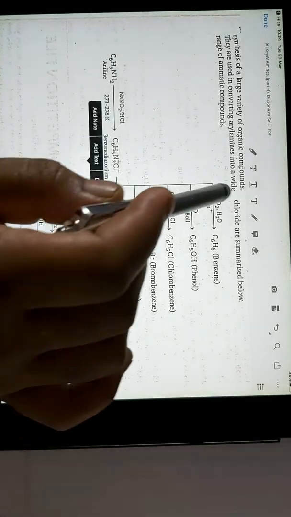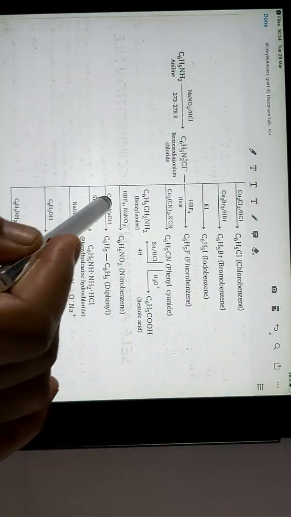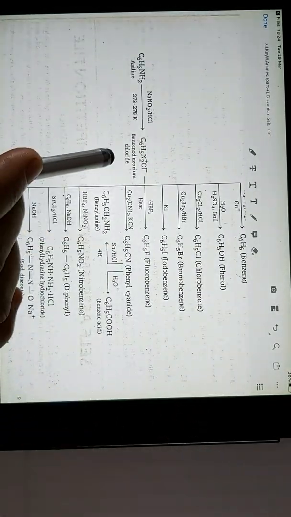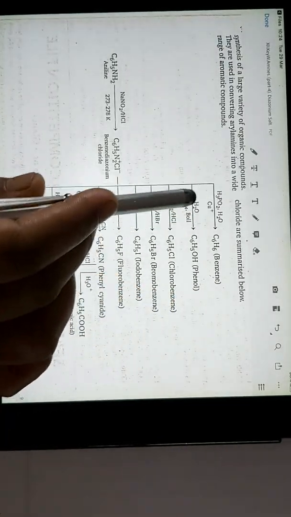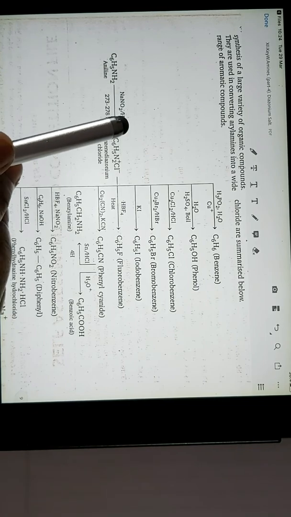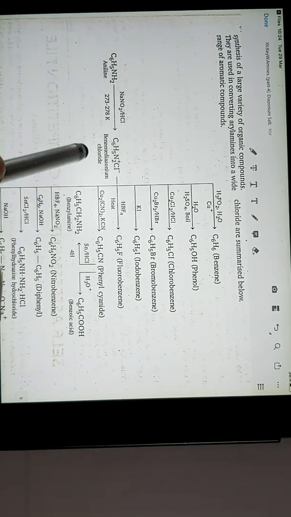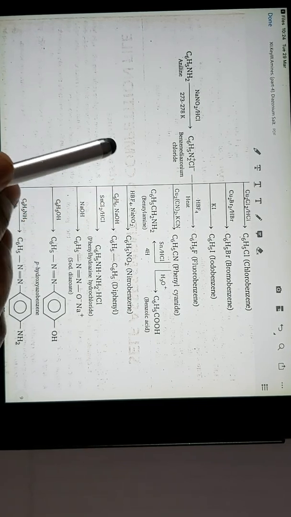This diazonium salt reacts in different manners in different situations, and different products are obtained. In all these cases it acts as an intermediate, helping the easy production of these compounds. Almost all of them we have already discussed when we discussed the chemical properties of aniline or benzene diazonium chloride.